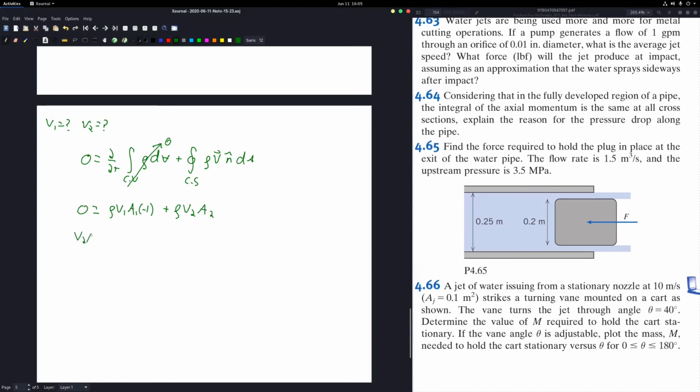Simplifying the equation here, we get that V2 A2 is equal to V1 A1. That means that the flow rate 2 has to be equal to the flow rate 1. Because of this, we also know then that the flow rate has to be constant throughout the pipe.